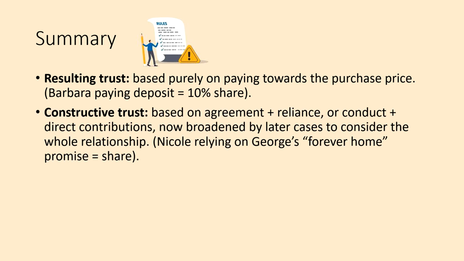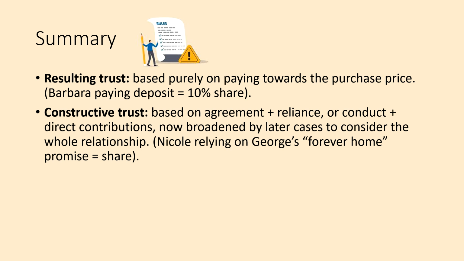With a constructive trust, this is now a bit more complex because there are different routes, either the agreement and reliance route or the conduct and direct contributions route, and then we've got loads of other aspects that the courts might consider.